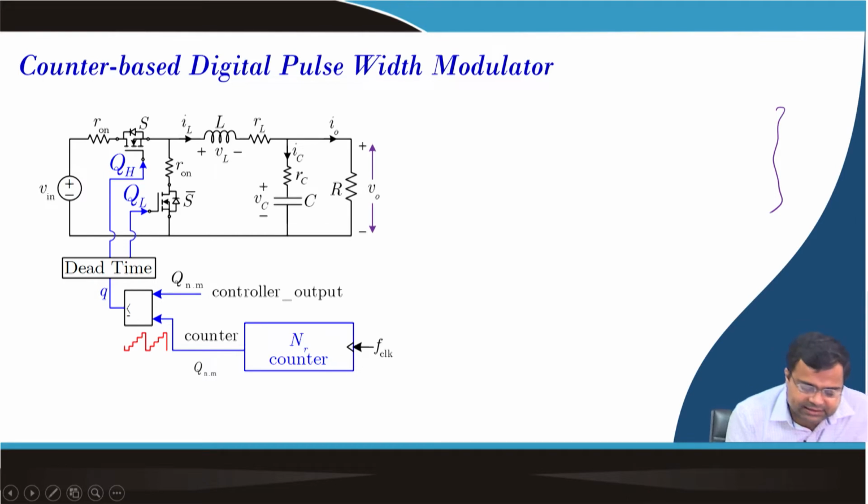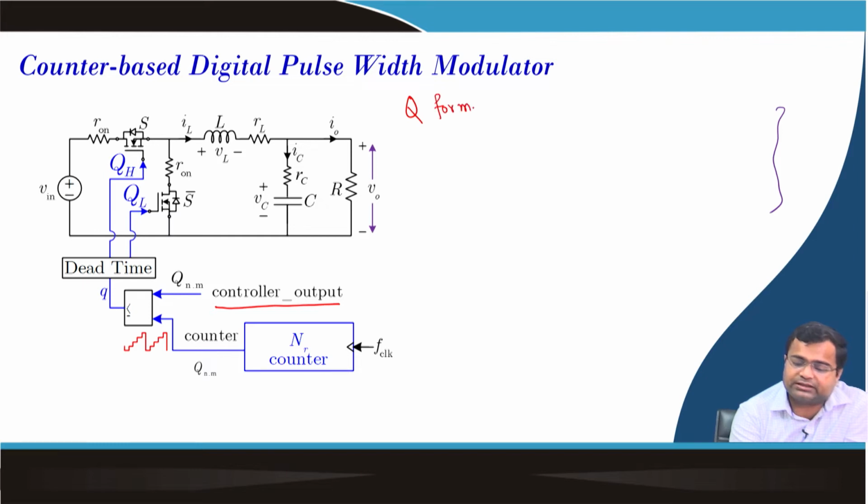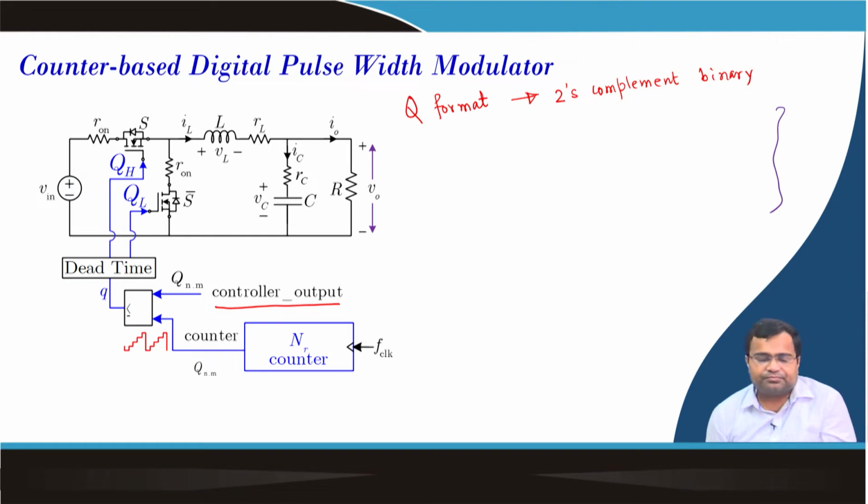Now, in this particular architecture, as I have discussed, we want a fixed control output, that means we are not closing the loop, and we are using the Q format, which we discussed in the previous lecture. This is to represent a 2's complement binary number.